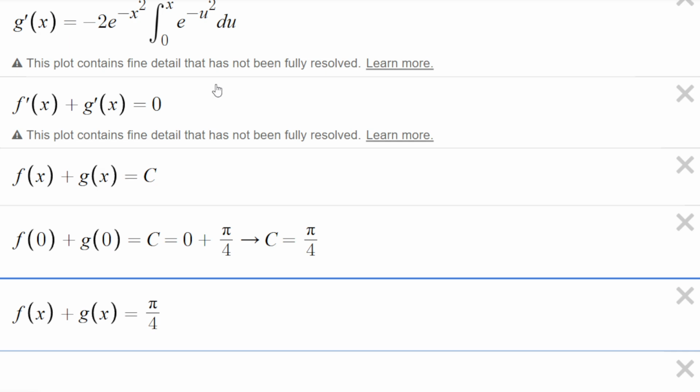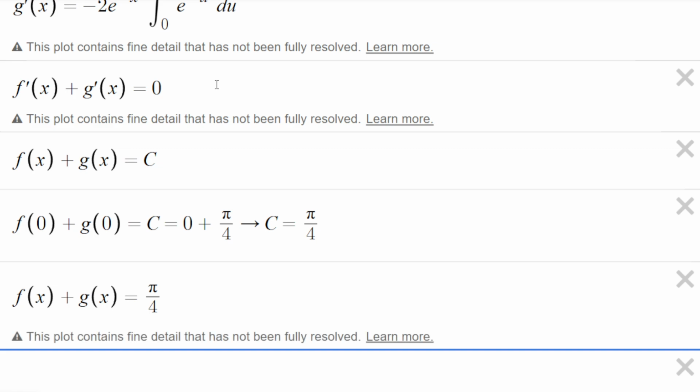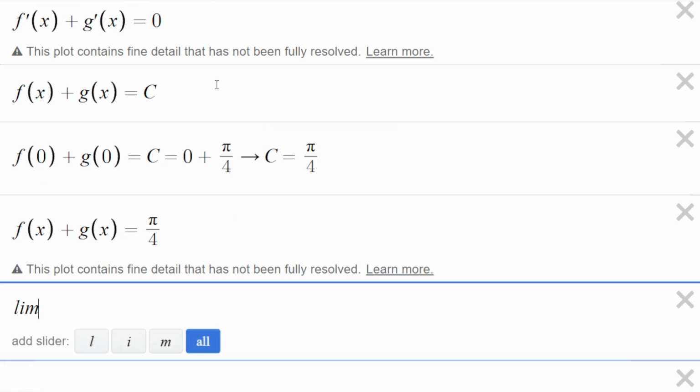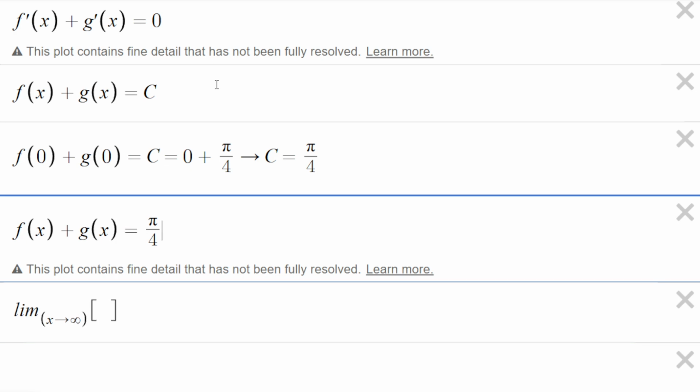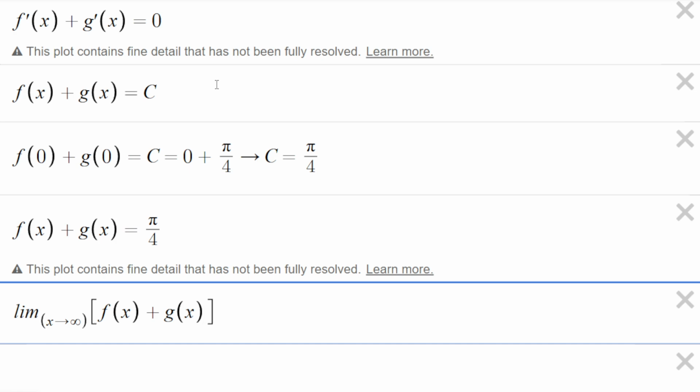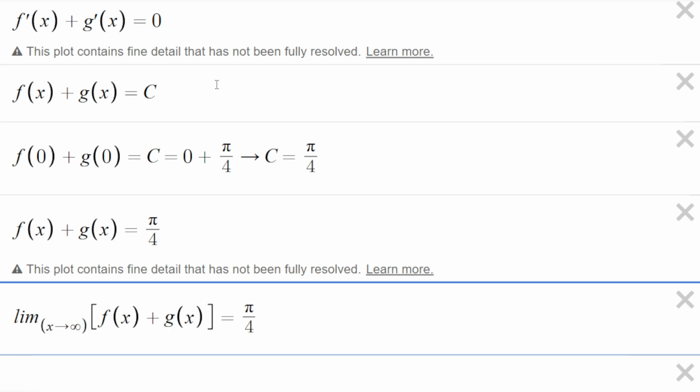All right, and now, this holds for all x. So what that means is if we take the limit as x goes to infinity of f of x plus g of x, it still equals pi over 4. But that is also going to be equal to the limit as x goes to infinity of our original definitions for f of x and g of x.